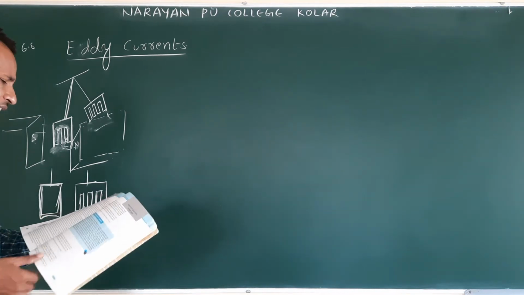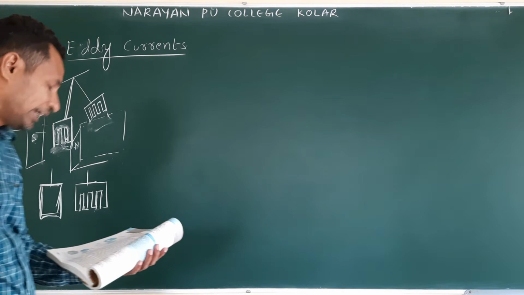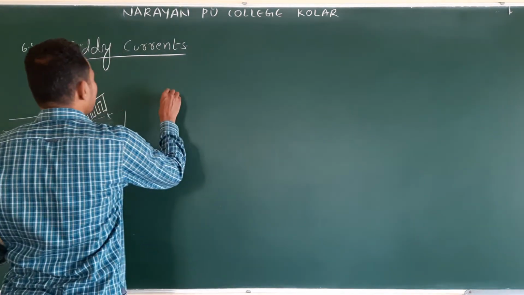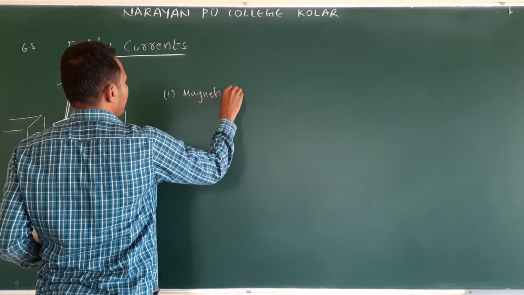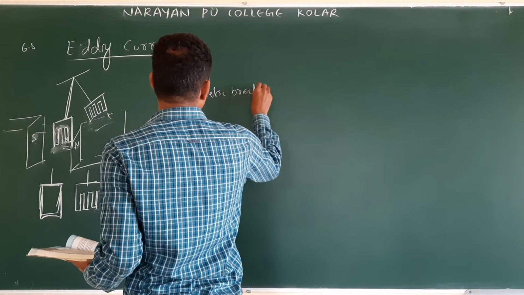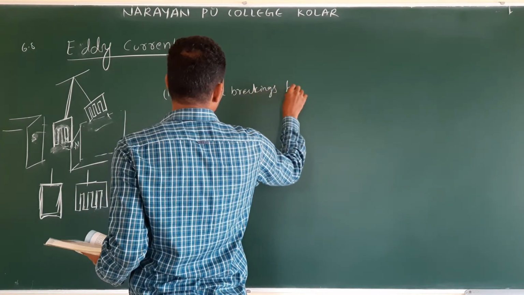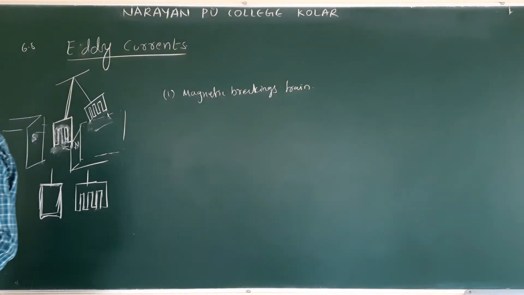The uses of eddy currents are very important. First one is magnetic braking in trains. Clear? Without any physical touch.